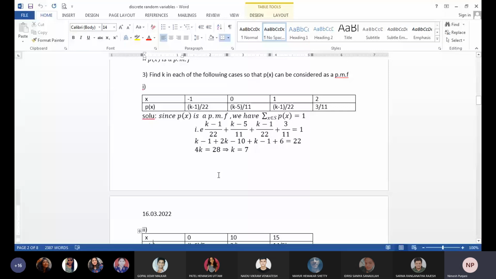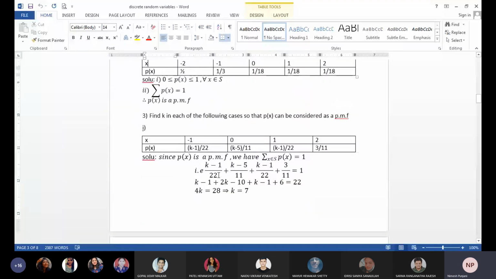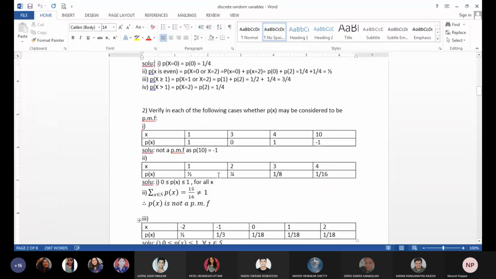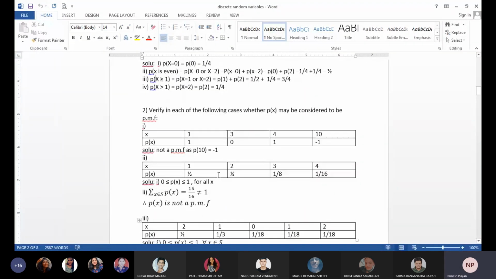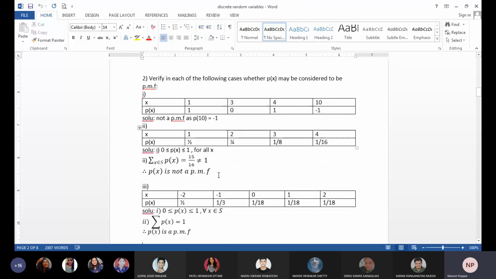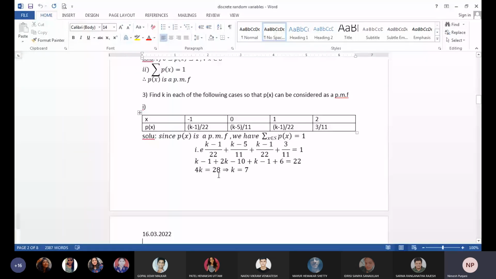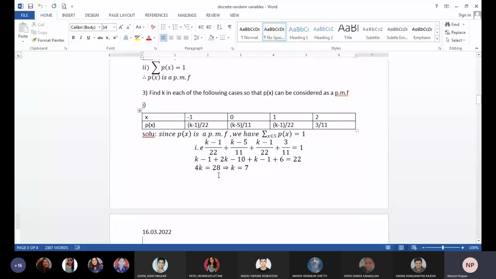So for the probability mass function, two things we have to remember. One, P of x lies between 0 and 1 for all values of x. And second, summation of P of x is equal to 1. Last time we were solving some examples.